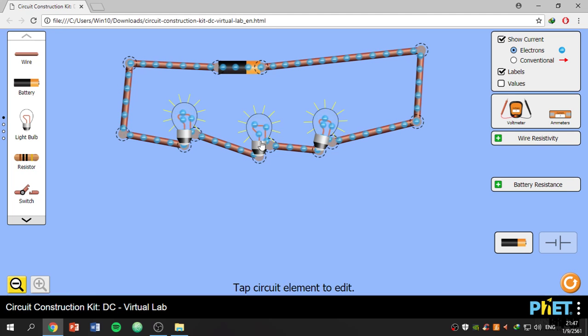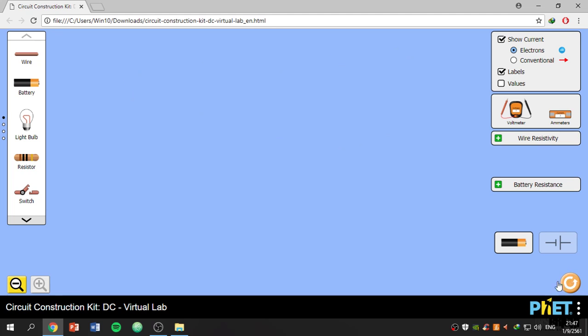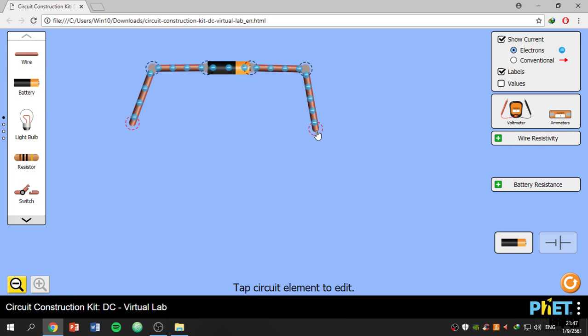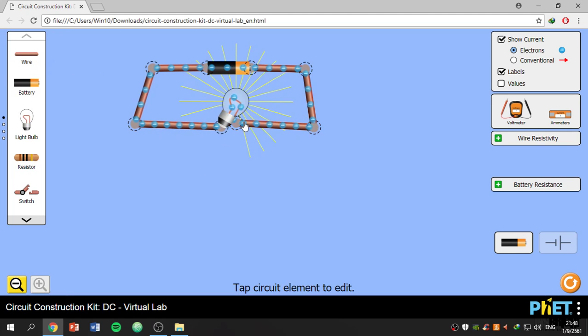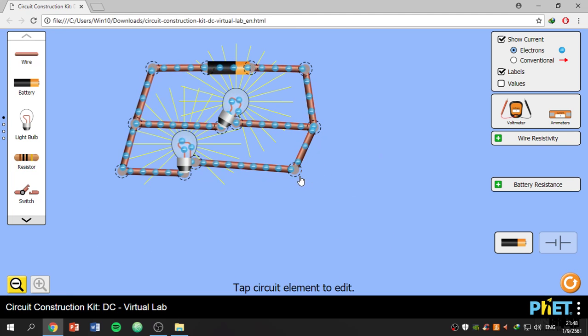Next, let's talk about parallel circuit. Parallel circuit.